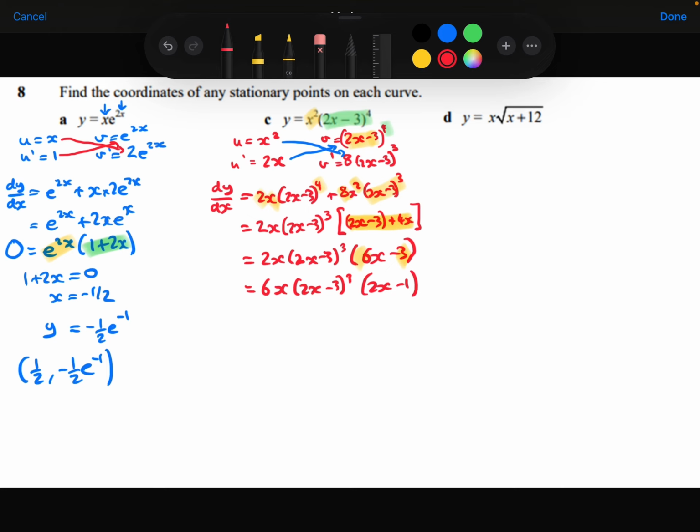That is now in its fully factorised form, which is going to be really useful for the next bit where we want to find when that equals 0. Because I can now see clearly that this is going to equal 0 if 6x is equal to 0, or if 2x minus 3 cubed is equal to 0, or if the 2x minus 1 is equal to 0.